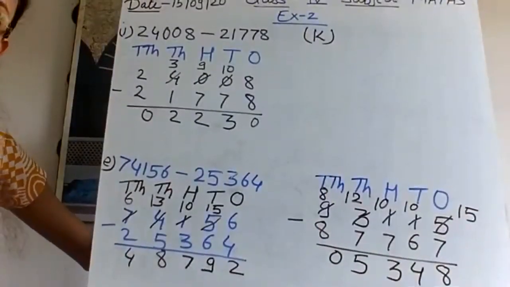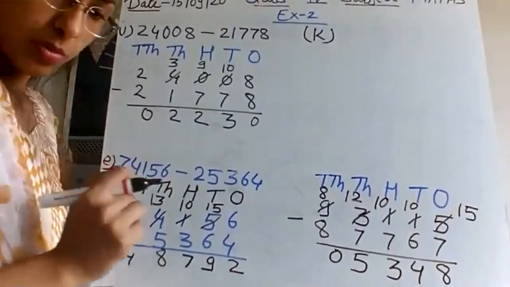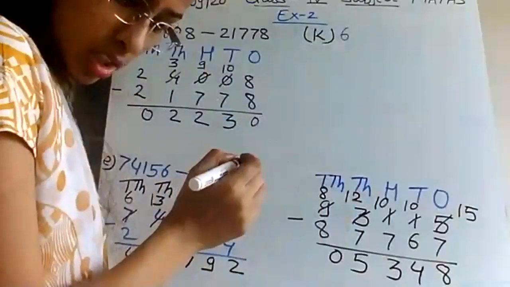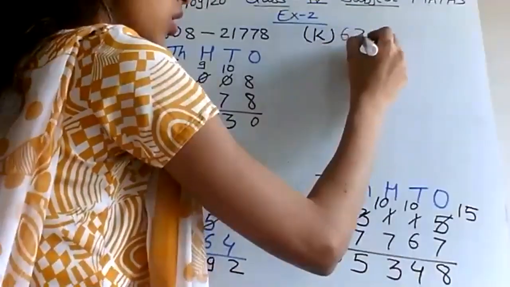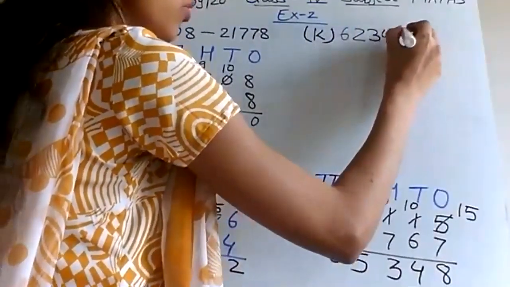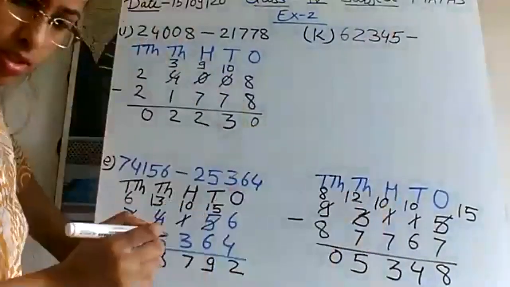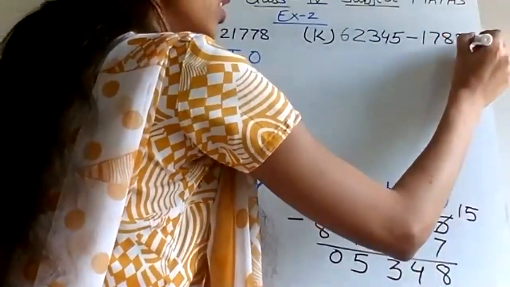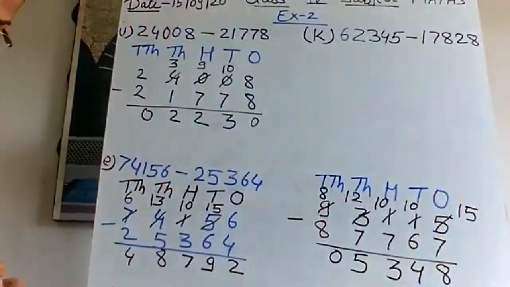Okay, जो number है वही numbering देना बेटा. 62,345 minus 17,828. Okay.